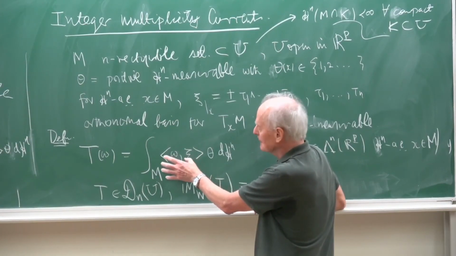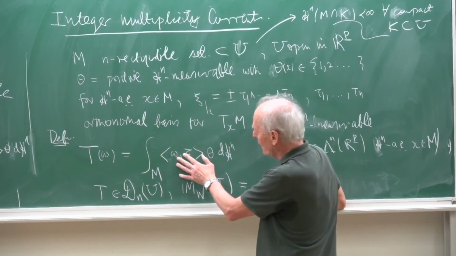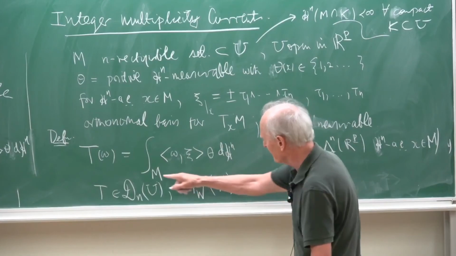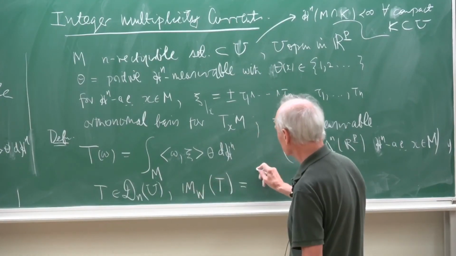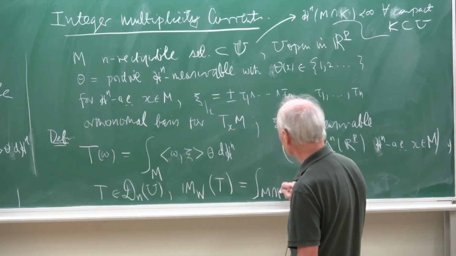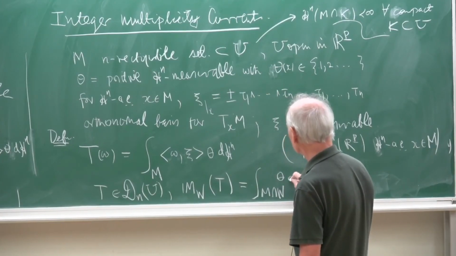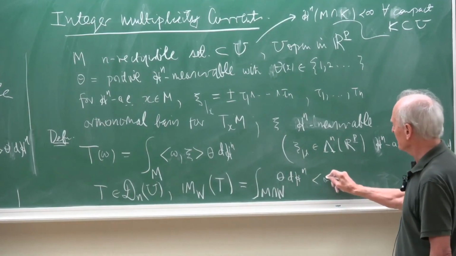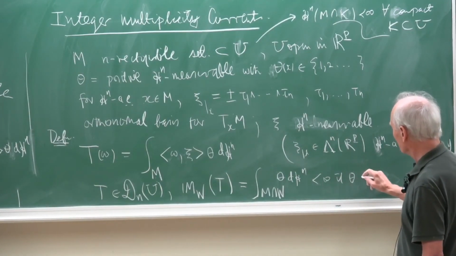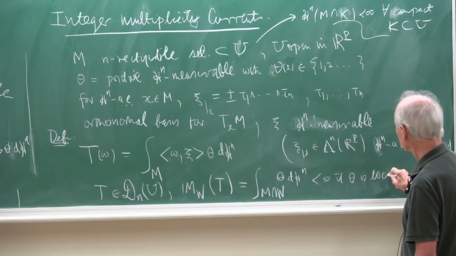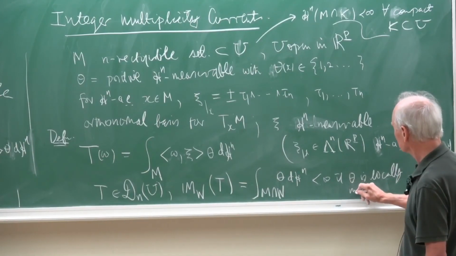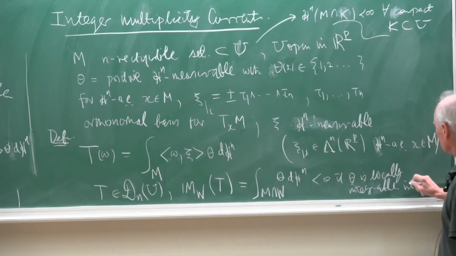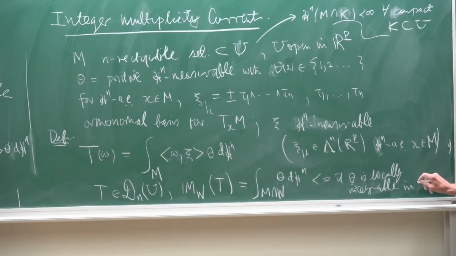And then by passing to the limit, you actually simply get 1 times the integral of theta over the set M intersect W. So this becomes the integral over M intersect W of theta dH^n. And that's less than infinity if theta is locally integrable in U.